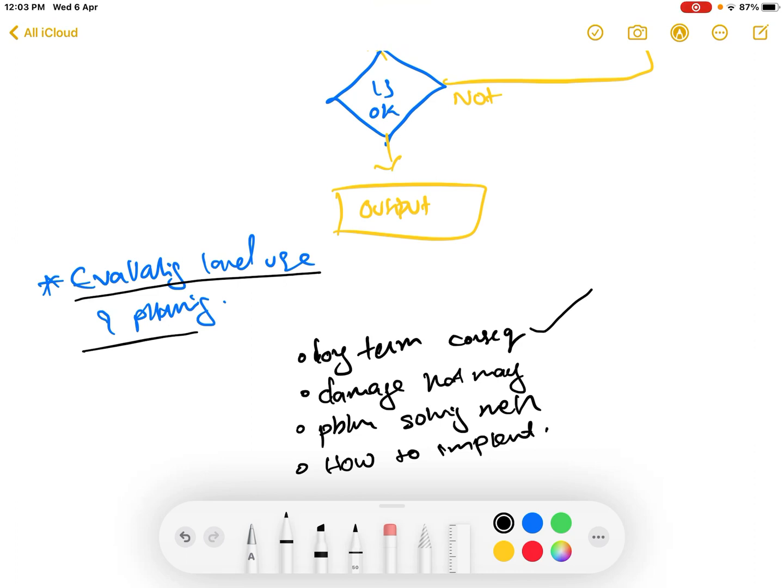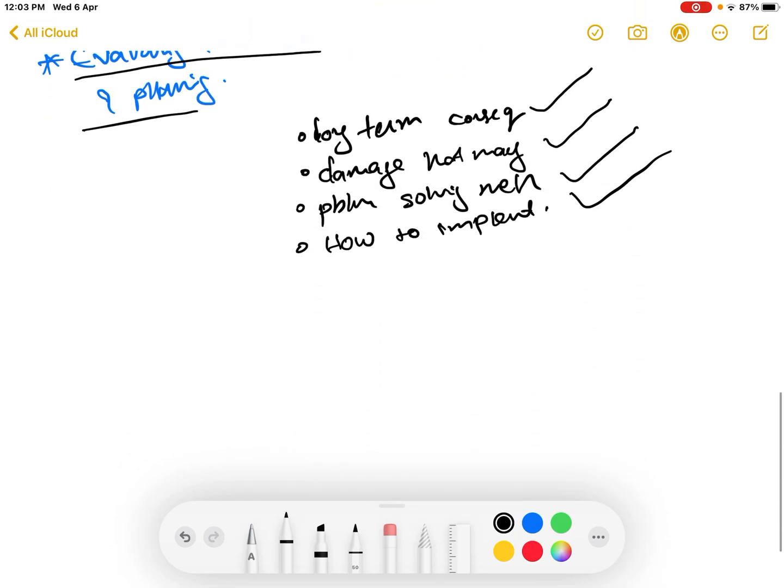So while evaluating land use and planning, we have to identify the long-term consequences, the damage that may occur, the problem-solving mechanisms, and how to implement them. This can be done using GIS. So this is a major application of GIS.